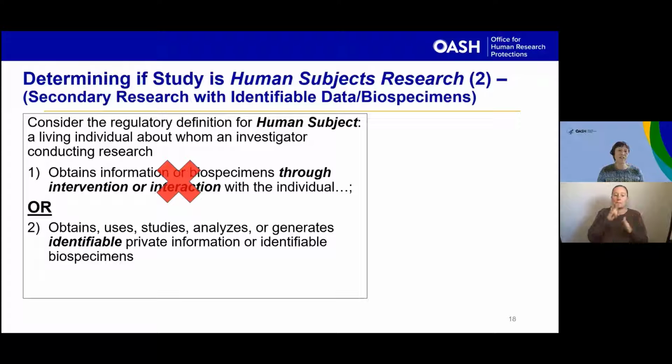But what you really have is just some identifiable private information or identifiable biospecimens that belong to living individuals. That's all you have. You're not going to go out and do any collection for the purpose of this research. You're not intervening with people for the purpose of this research. Maybe you're getting it from medical records, and all that information was collected for routine clinical care.